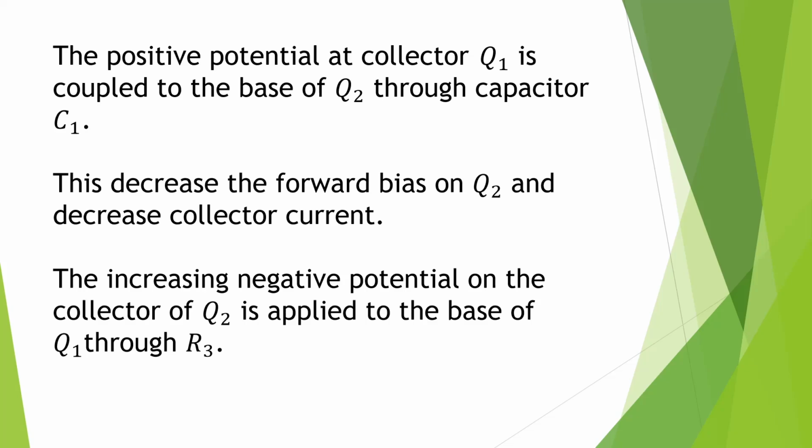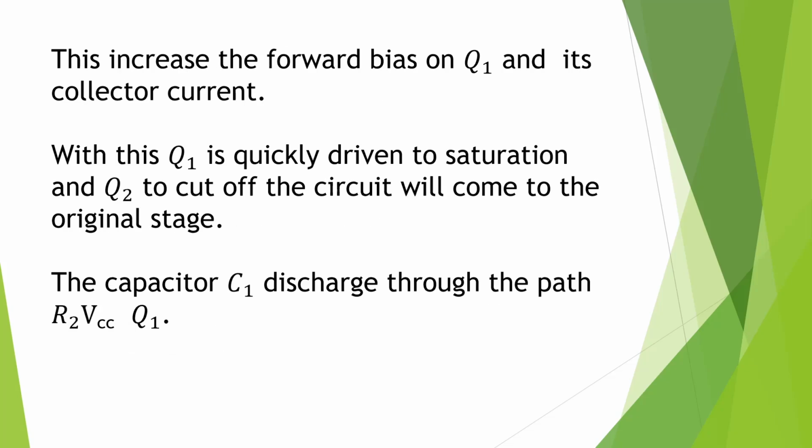This decreases the forward bias on Q2 and decreases its collector current. The increasing positive potential on the collector of Q2 is applied to the base of Q1 through R3. This increases the forward bias on Q1 and its collector current. With this, Q1 is quickly driven to saturation and Q2 to cutoff.